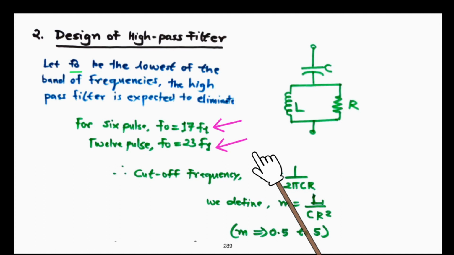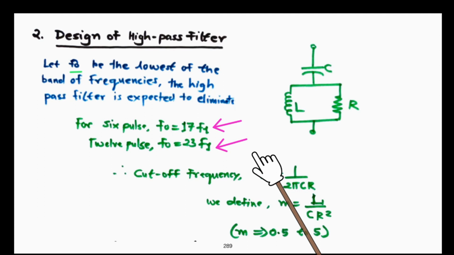There may be a question: why are all these frequencies eliminated by a single filter, unlike for the lower order frequencies where we use individual single tuned filters for the 11th and 13th harmonic? The answer is very simple.